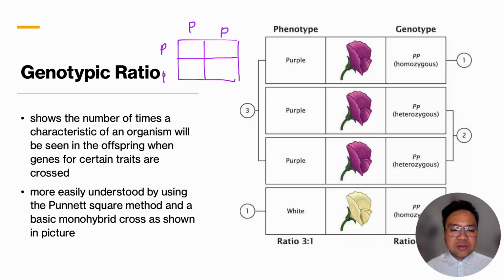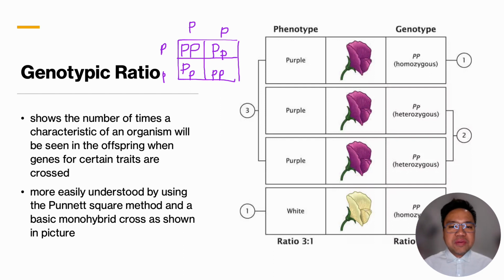So let us make the cross. So we will have one homozygous purple, and then we are going to have heterozygous, and a homozygous, which will produce white.